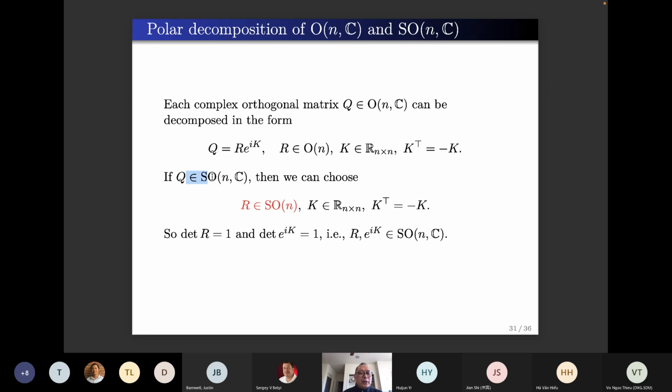What happens if Q is in SOn(C), that is, the identity component of the complex orthogonal group? Then you can choose R in SOn, so you can restrict your selection. If determinant of R is 1 and determinant of e^{iK} is 1, then these two are also here. So I just demonstrated the polar decomposition of the complex orthogonal group and the special complex orthogonal group.